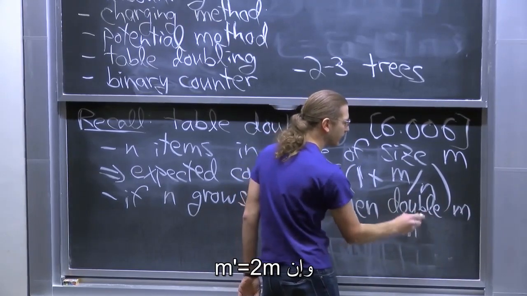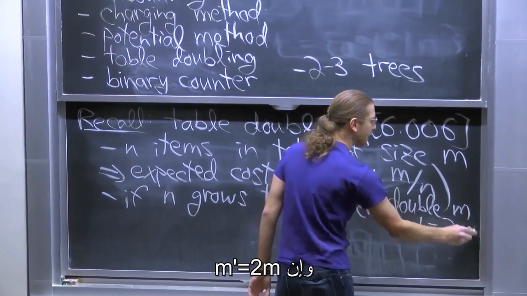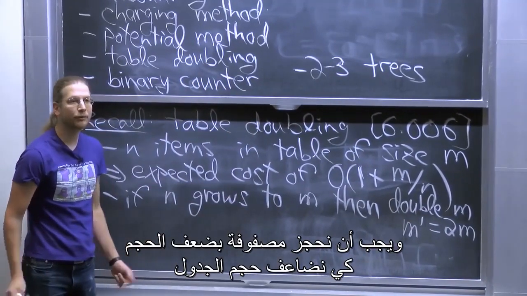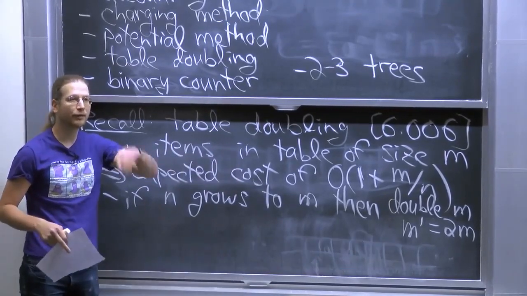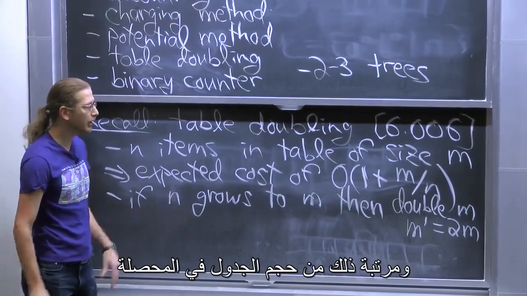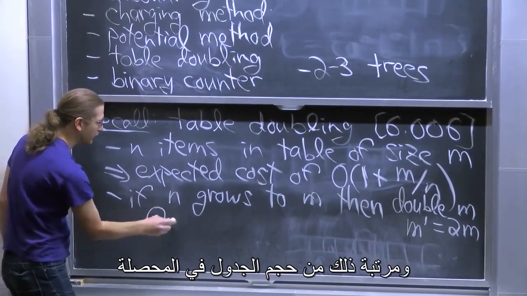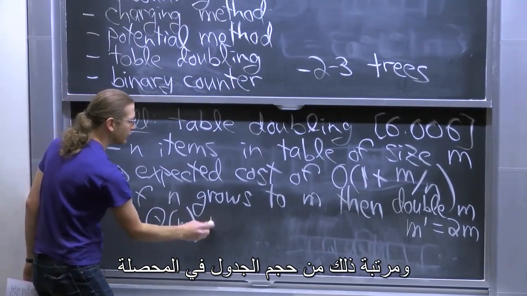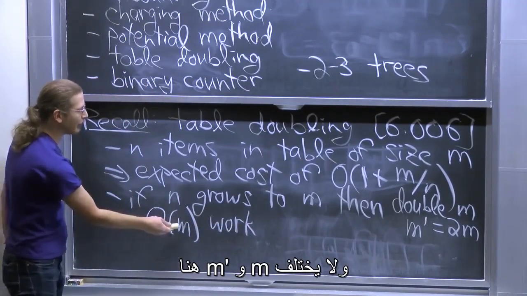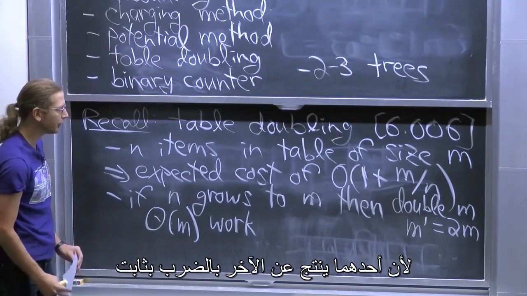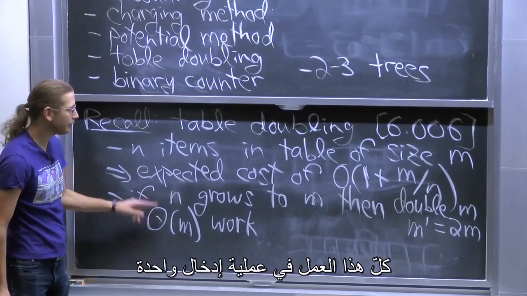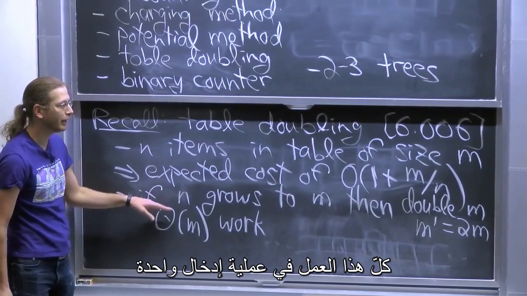So m prime equals 2m. And to double the table size, you have to allocate a new array of double the size and copy over all the items. And that involves hashing. But overall, this will take order size of the table work. It doesn't matter whether I'm using m or m prime here, because they're within a constant factor of each other. And that's bad. Linear time to do an insertion is clearly bad. This is all during one insertion operation that this would happen.